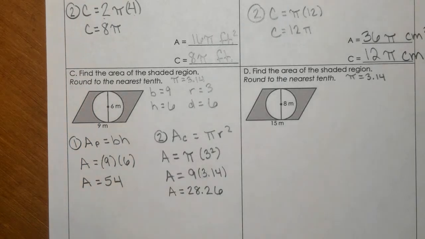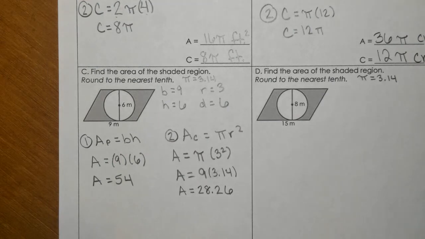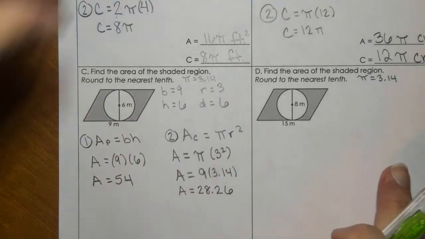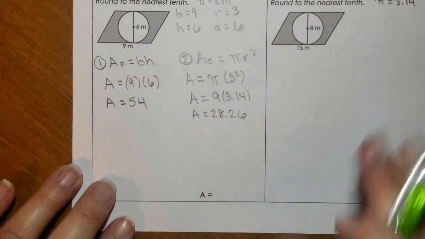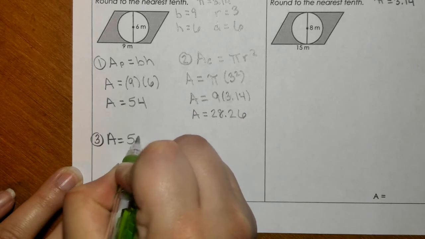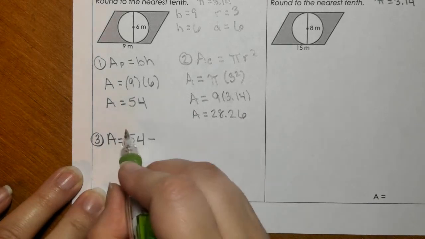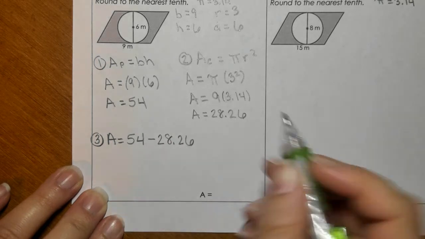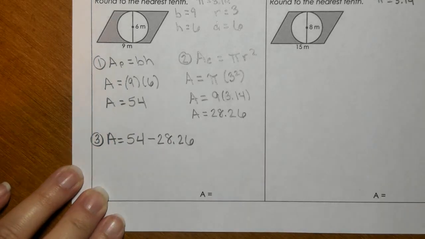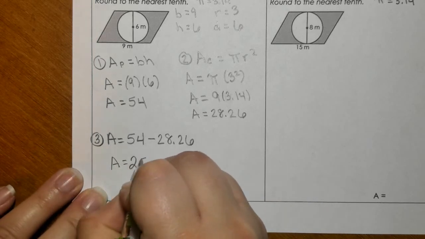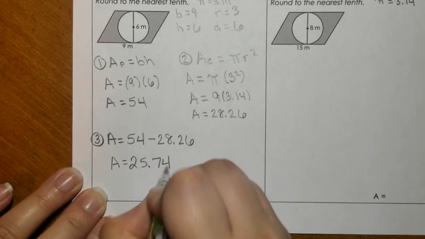Okay, so if you look at the picture, you should see that there is more space of the parallelogram than there is a circle. So you're going to subtract. We're going to say 54, this is the bigger area, minus the 28.26, and that gives us 25.74.